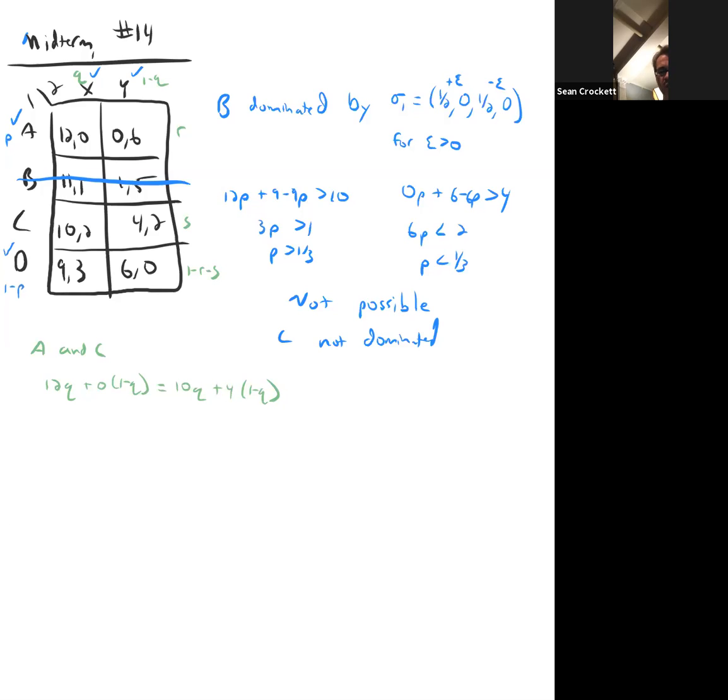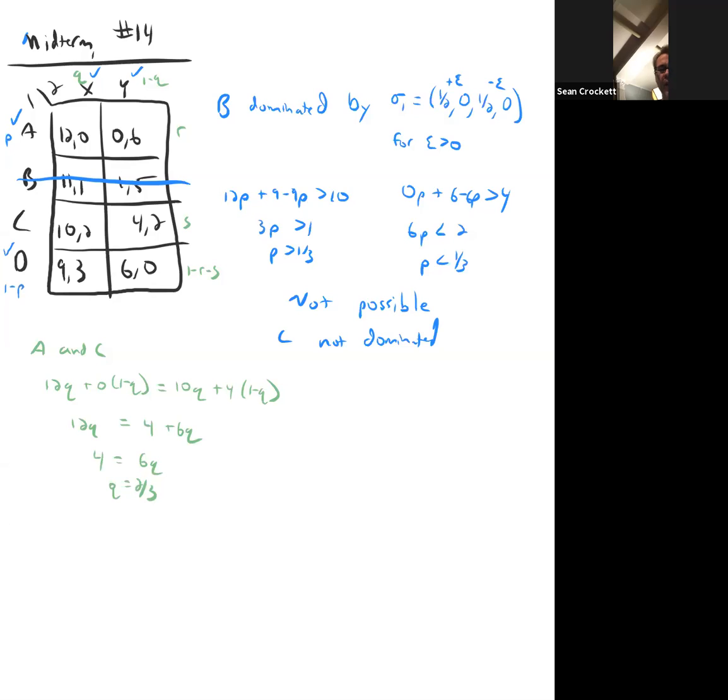This puts a restriction on Q. So we need 12Q equal to 4 plus 6Q, so 4 is equal to 6Q, or Q equals 2/3.